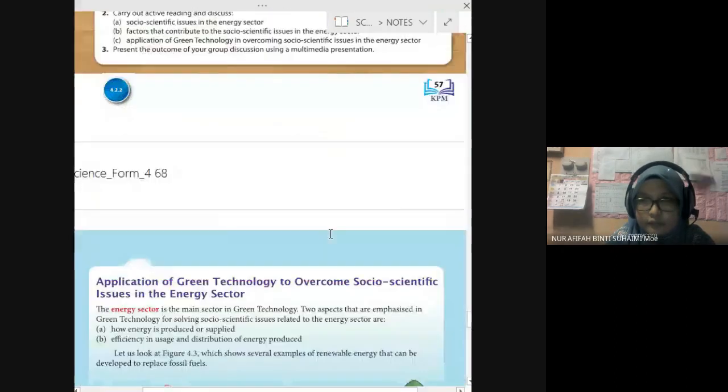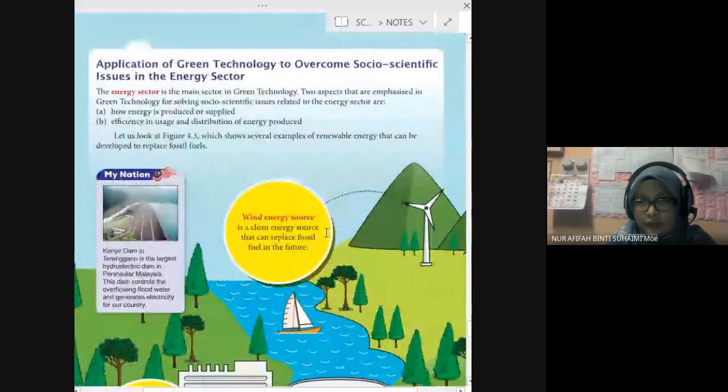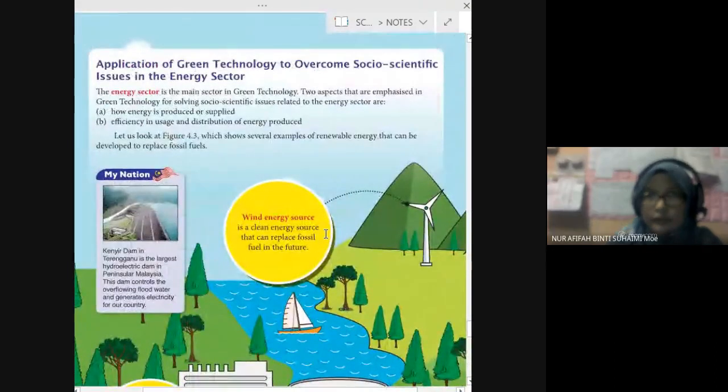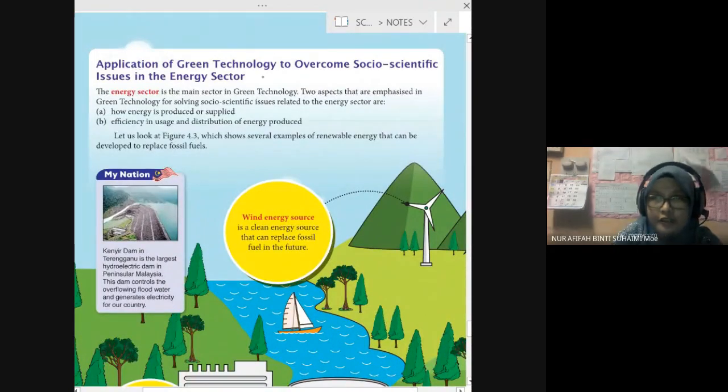Okay. Now, application of green technology. After we know the social scientific issues in the energy sector, we can apply green technology to overcome the issues that we have found.